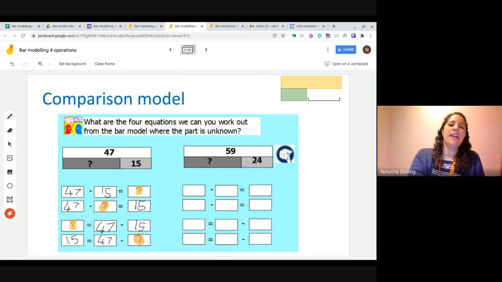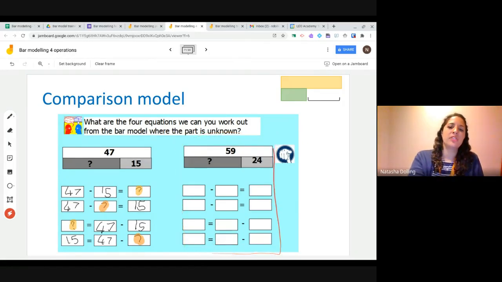Can you have a go at writing out your equations for this bar model here? Got an example here. What would the equations be for this bar model? Can you pop them into the chat? And while you're doing that, can you have a think and tell me what's the difference about where the question mark appears now in these sets of equations?